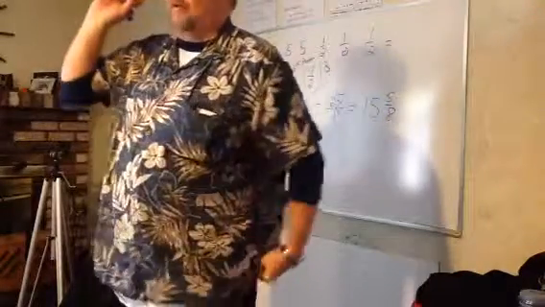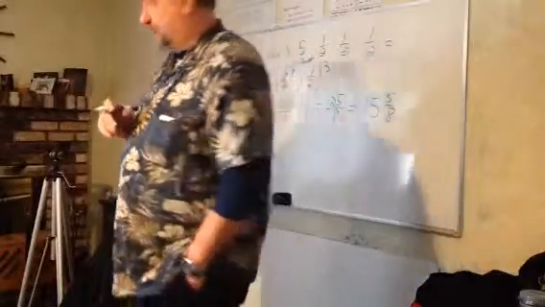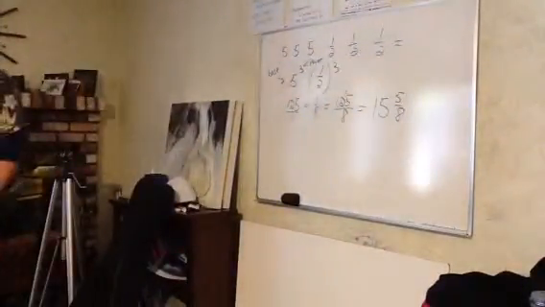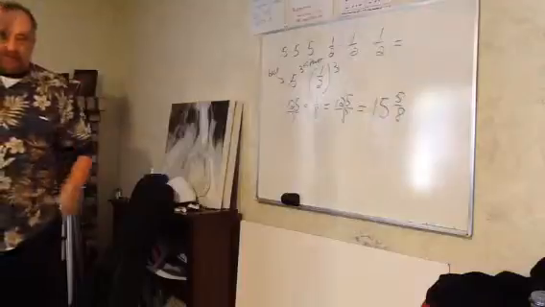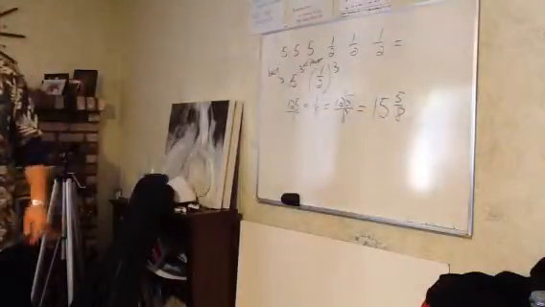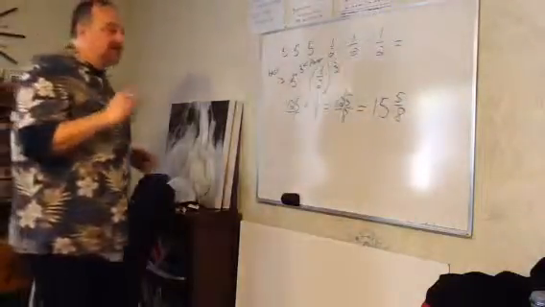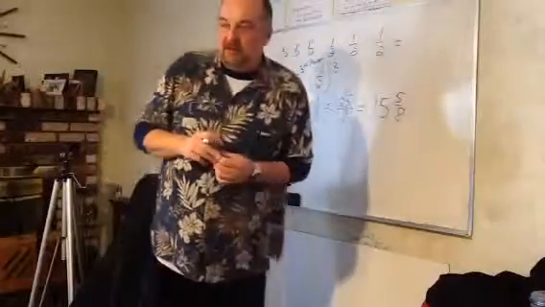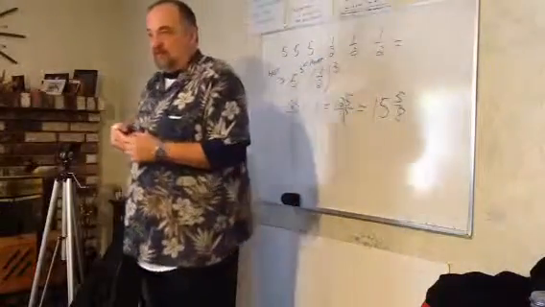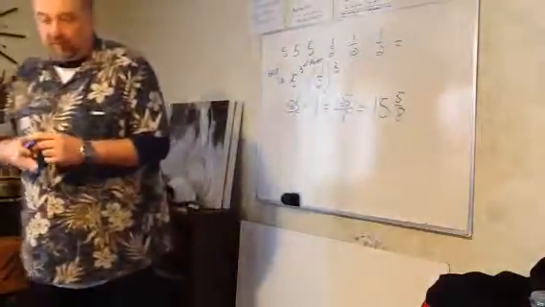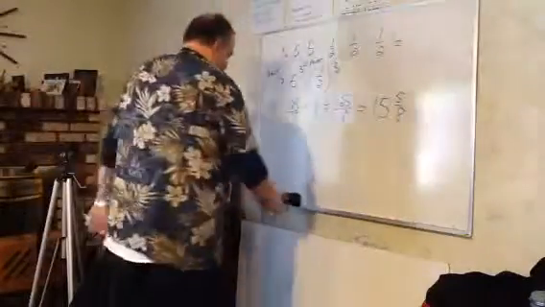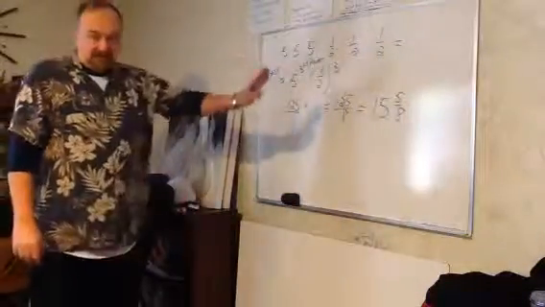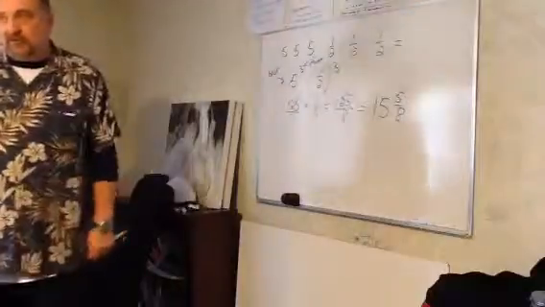Okay, let's go. 7 to the 3rd times 1/3 in parentheses to the 4th power. 7 to the 3rd power times, in parentheses, 1/3 to the 4th power. And if you need to use this as a model, by all means, use it as a model.